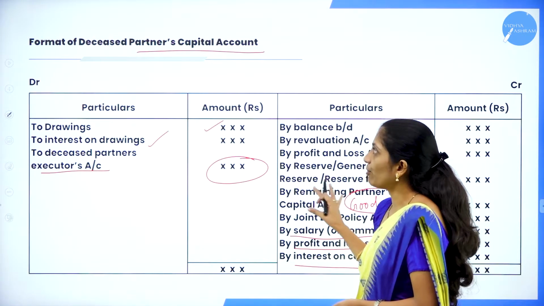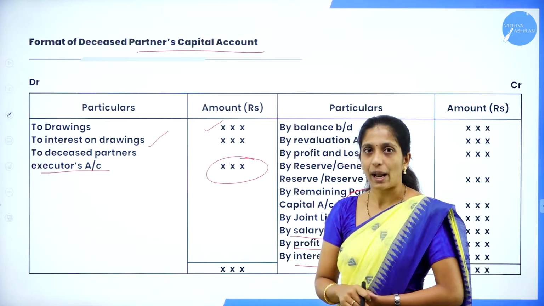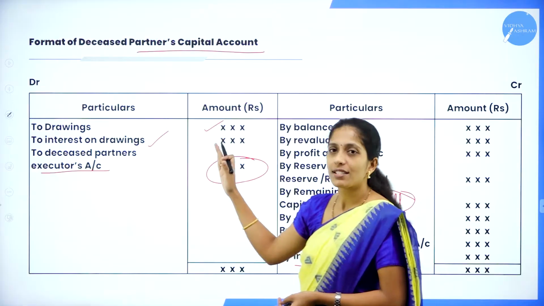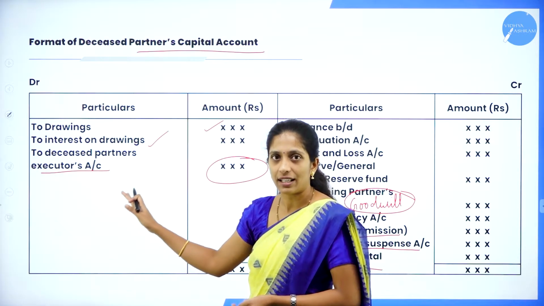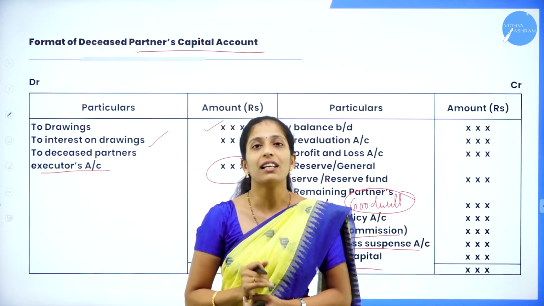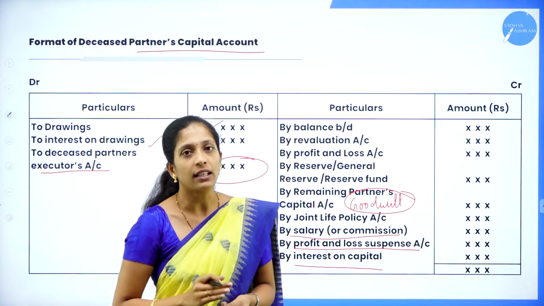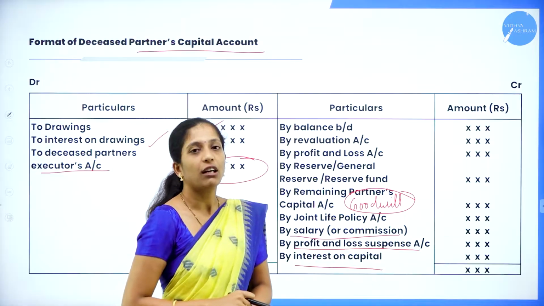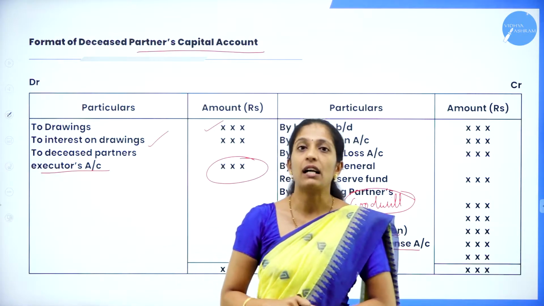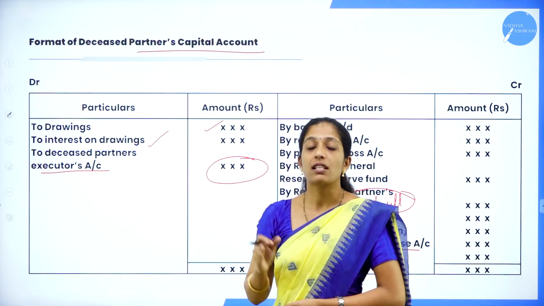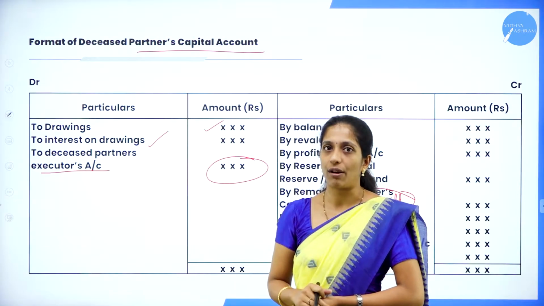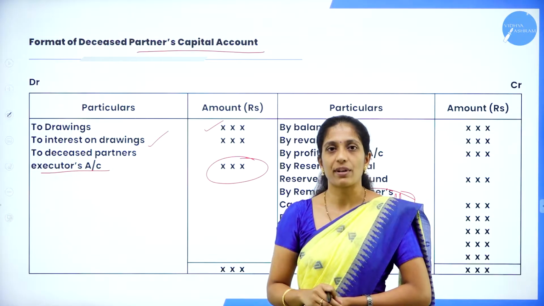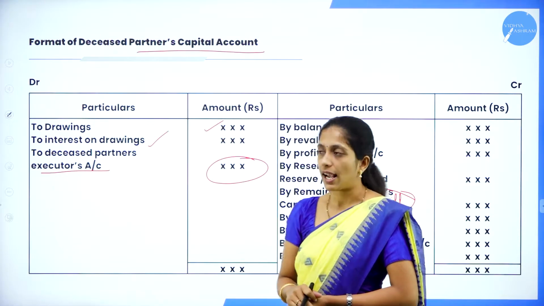So this is just the format of the deceased partner's capital account. Hope you are clear with this. Remember, only drawings, interest on drawings and any revaluation loss will come under the debit side. Other than that, all the items come on the credit side, and the balancing figure of the deceased partner's capital account will be transferred to the deceased partner's executor's account, because the amount payable will be transferred to his legal representative, who is known as the executor.